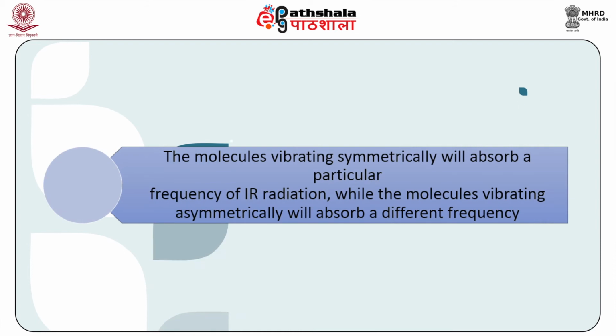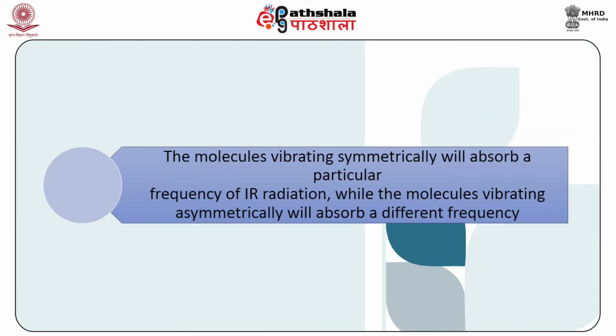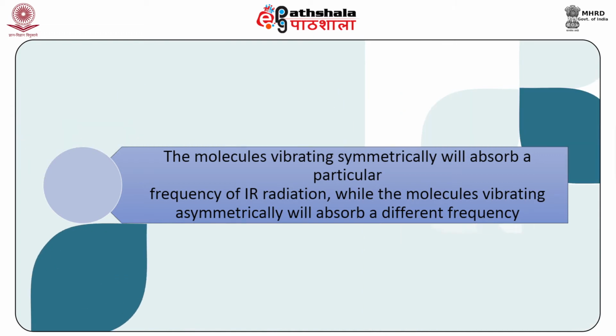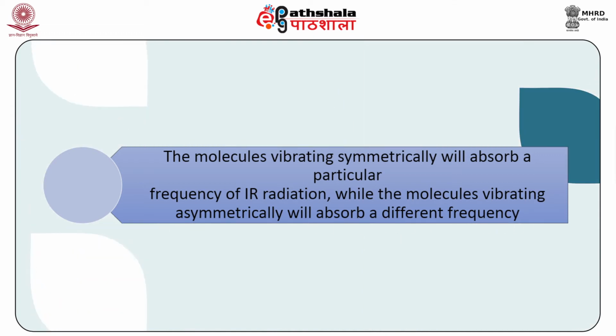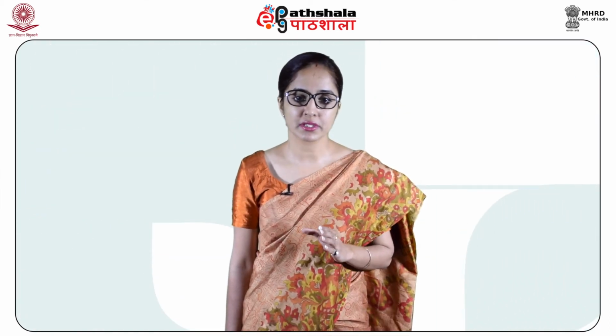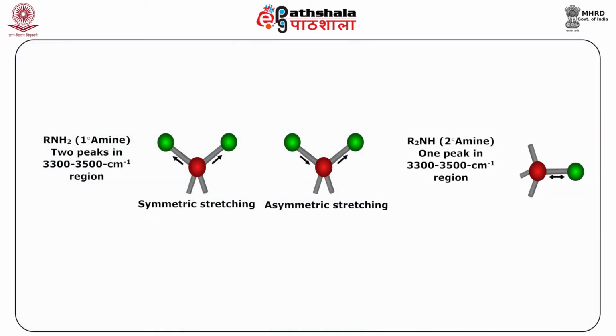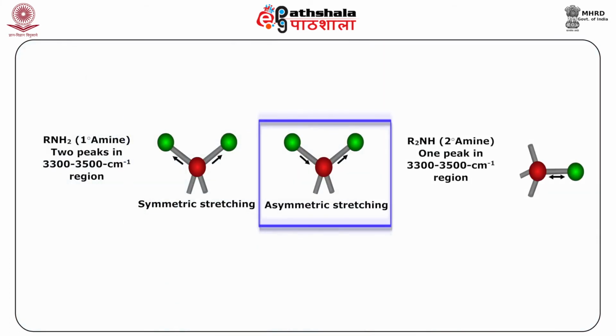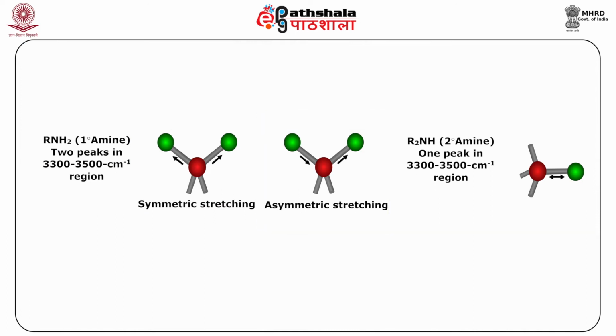The molecules vibrating symmetrically will absorb a particular frequency of IR radiation, while the molecules vibrating asymmetrically will absorb at a different frequency. Thus, 2 signals are observed. One is produced by half of the molecules and the other is produced by the other half of the molecules. Now, here we have shown you the symmetric and the asymmetric stretching in the NH2, which is responsible for the 2 signals that you observe in case of primary amines.